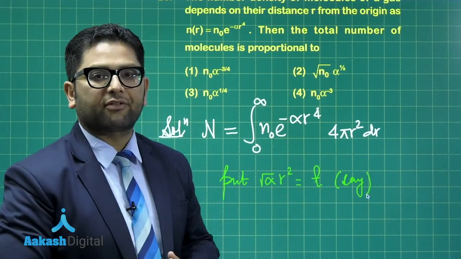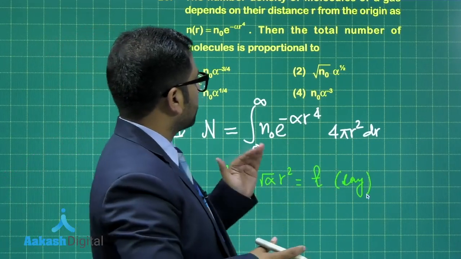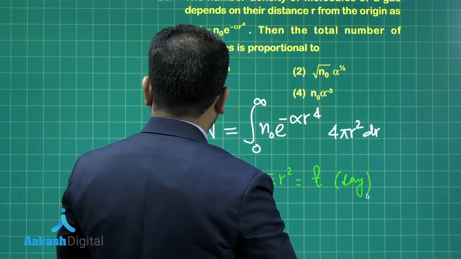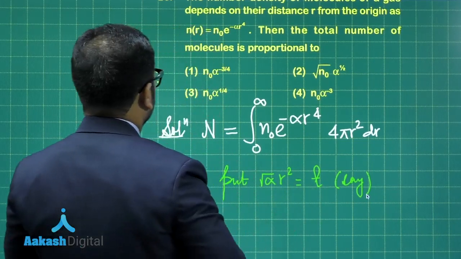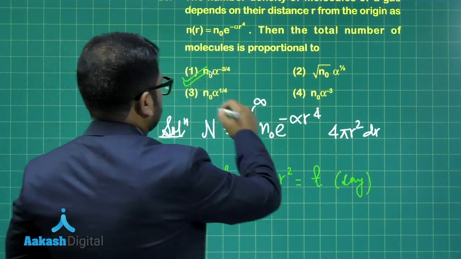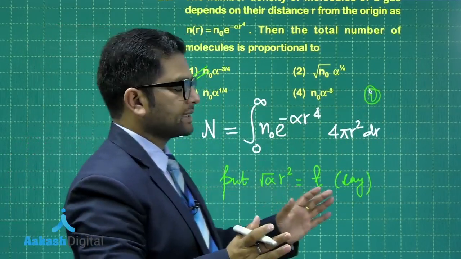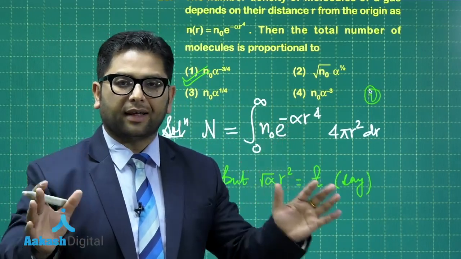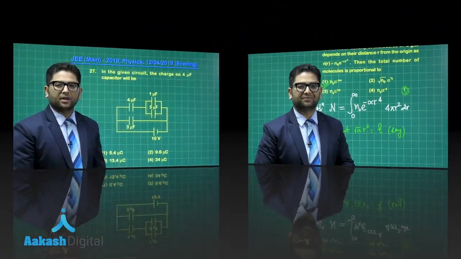So it's integration by substitution. Ultimately, the question required the proportionality of the total number of molecules, and once you solve it, you're going to get option number 1 as the correct option. It will certainly require a strong presence of mind and you need to solve it very carefully, but not a difficult one at this level. Fair enough, let's go to the next.